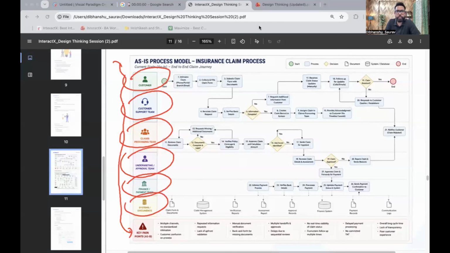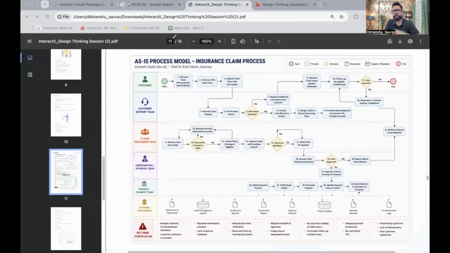So if you go through the as is, it is pretty much the same as what all of us customers go through. You initiate a claim, collect and fill the claim form, and submit the claim form with documents, because we know that this particular insurance company was either semi-automated or completely manual. Then all those steps: receive the claim request, verify basic details, and so on.